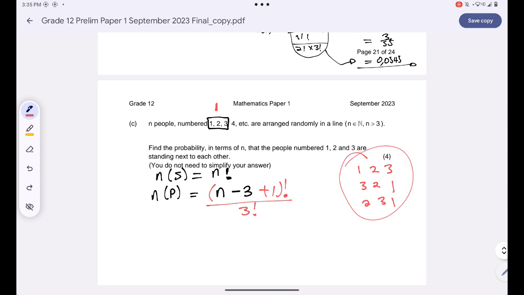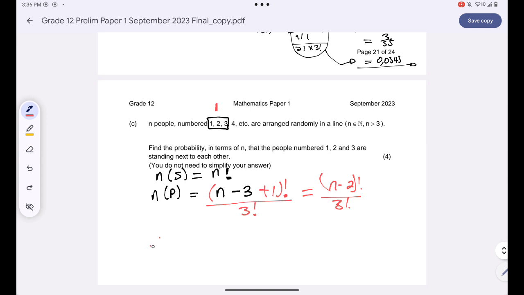In total, there will be 6 different ways they can be placed, and it doesn't matter, guys, how they are placed. They will be identified as an identical set. That's why I'm dividing by 3 factorial. Are you together? So this will end up giving me a final answer of n minus 2 factorial divided by 3 factorial.